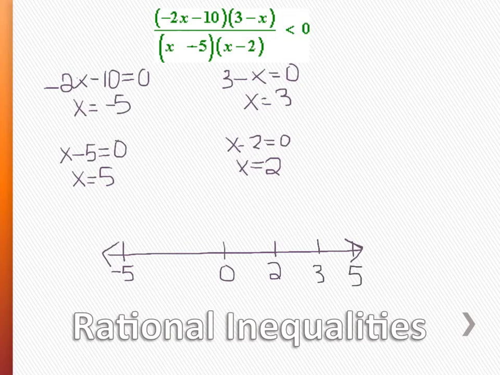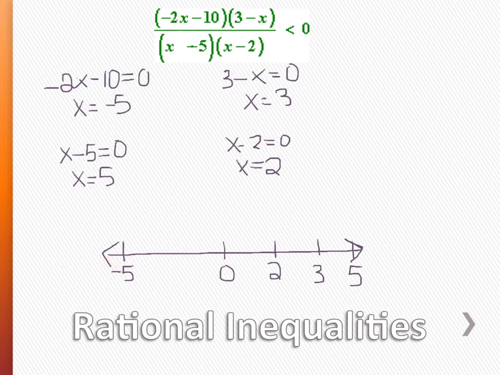Now after you have plugged in this big rational inequality into your graphing calculator, we're going to take a look at the table that you would get. We want to take a look at each of these x values and what's happening to the y values around them and in between. So here we want to look at what's happening when x is negative 5 to the y values that are below it.